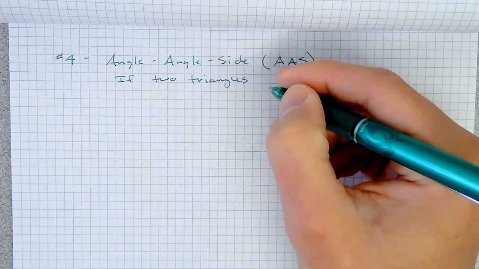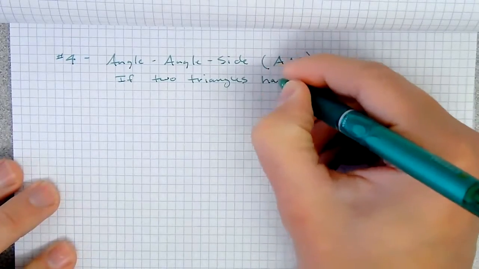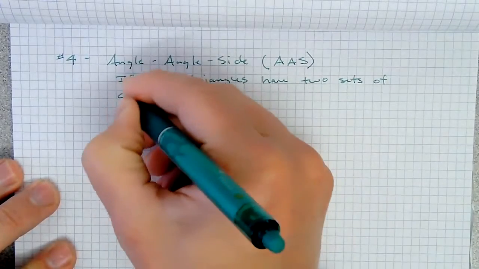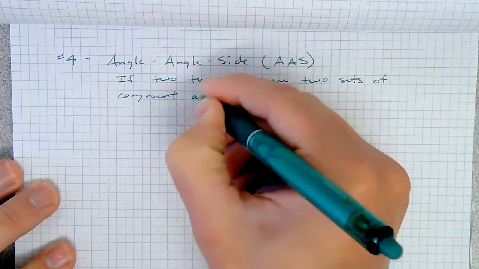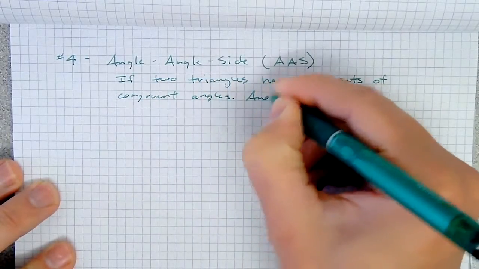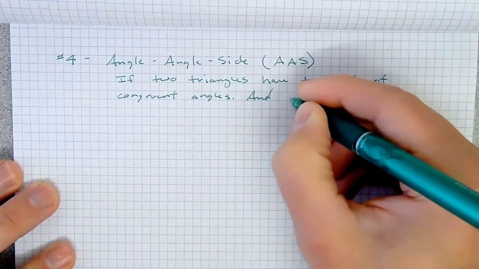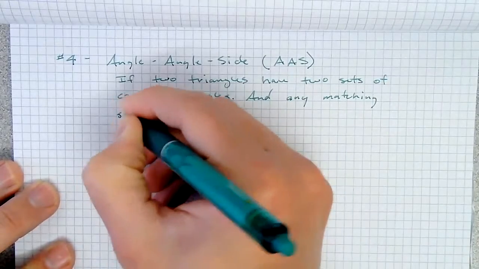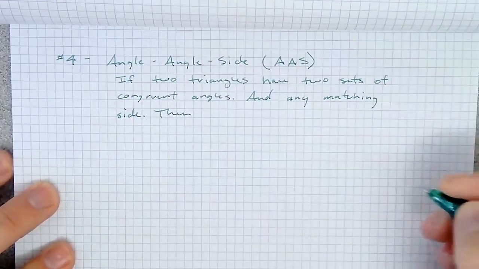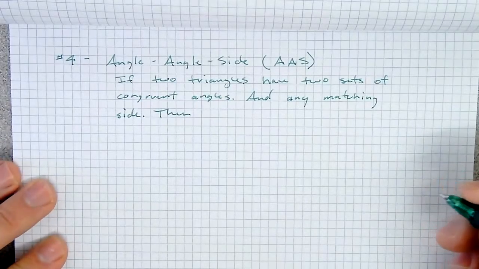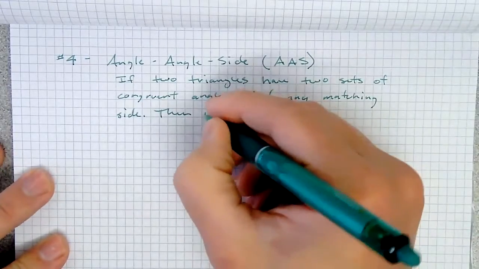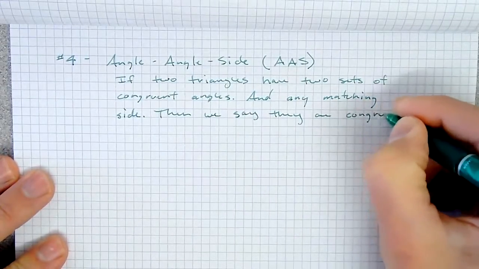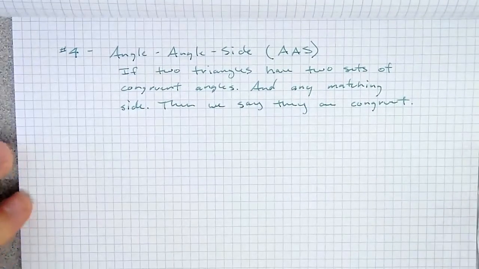So basically, if two triangles have two sets of congruent angles, and really just a side that doesn't necessarily have to be in between the angles, then we'd say those two triangles are congruent.